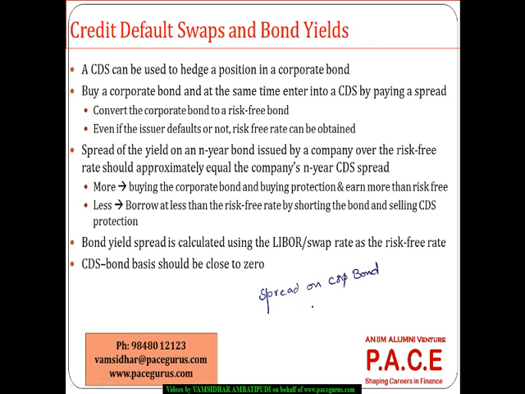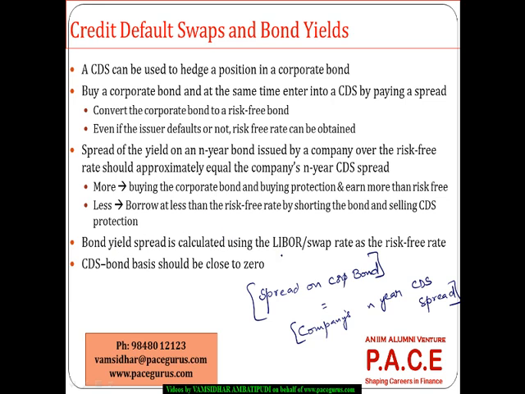The spread on the corporate bond should be approximately equal to the company's N-year credit default swap spread, the CDS spread. If these two are not equal, there is a good chance of making an arbitrage opportunity.